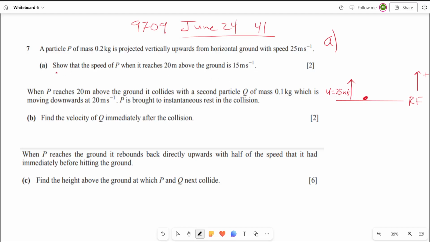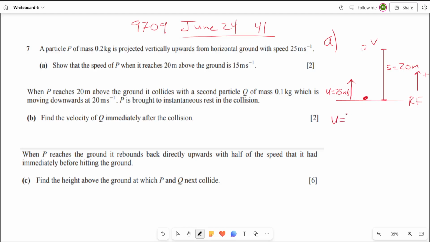Part A says, show that the speed of P when it reaches 20 meters above the ground is 15. So 20 meters above the ground, my S is above my reference point, and up is positive, so my S is going to be positive 20 meters. And I want V. So let's see what we have for this particle.